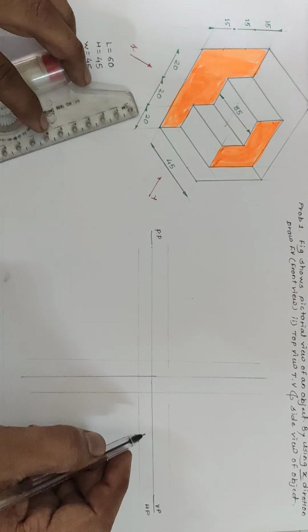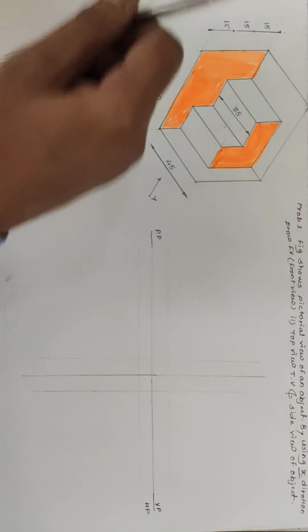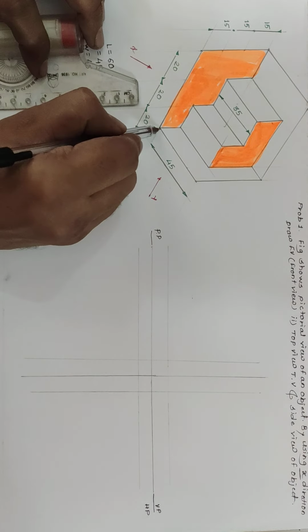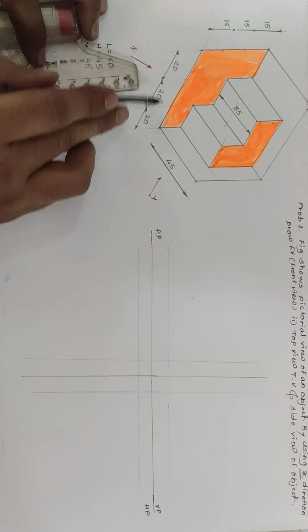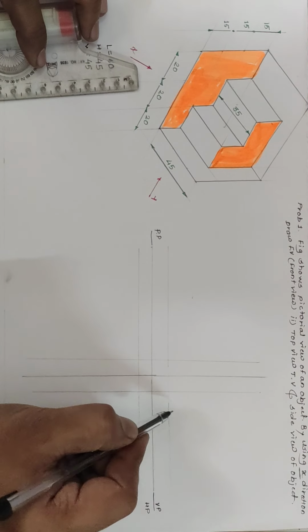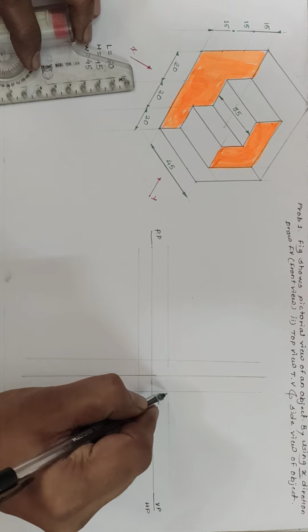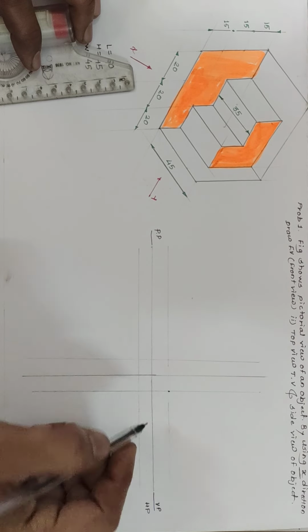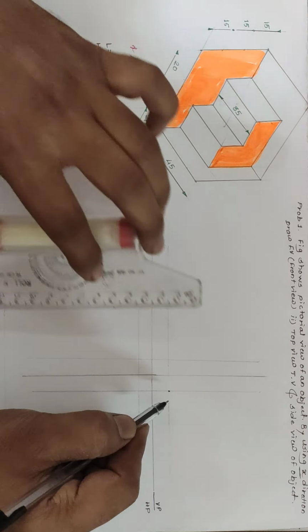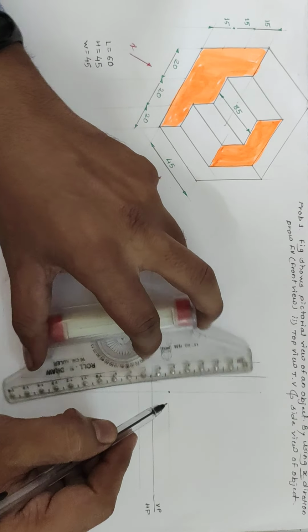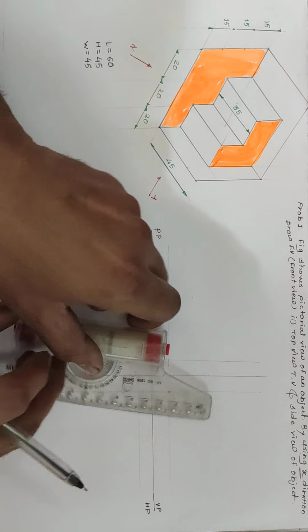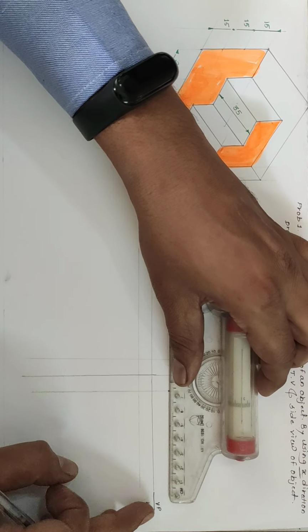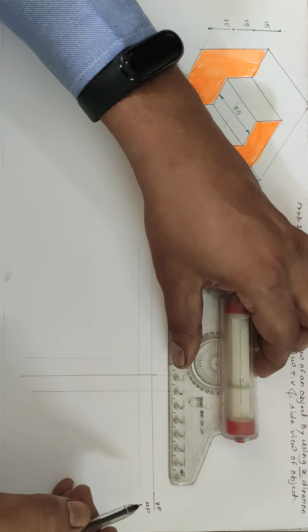Okay, then we start with the first parameter, the total length of the object. The total length and total height of the object are required to draw the front view. Take this corner point. First the horizontal distance is 60 mm, so mark a total of 60 mm.